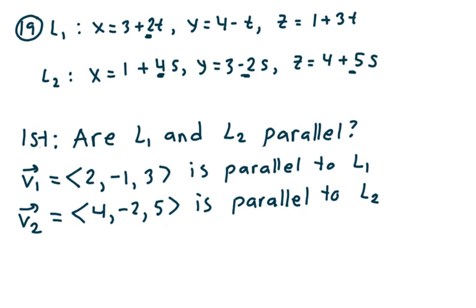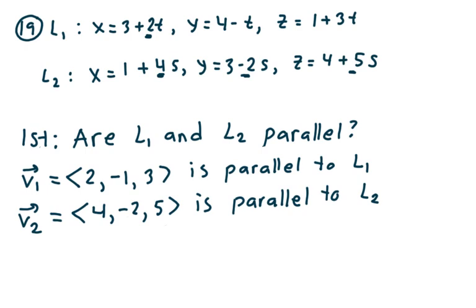If V1 and V2 are parallel, L1 is forced to be parallel to L2. If V1 and V2 are not parallel, that tells me L1 and L2 are not parallel. Now, how can I tell that V1 is parallel to V2 or not?